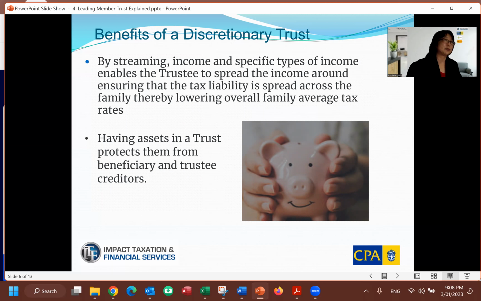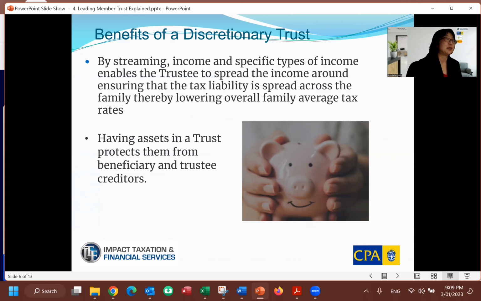You can also pick and choose different people to receive franking credits, for example, for the investment. That's called income streaming. By streaming income and specific types of income, it enables the trustee to spread the income around, and that will ensure the tax liability is spread across the family.